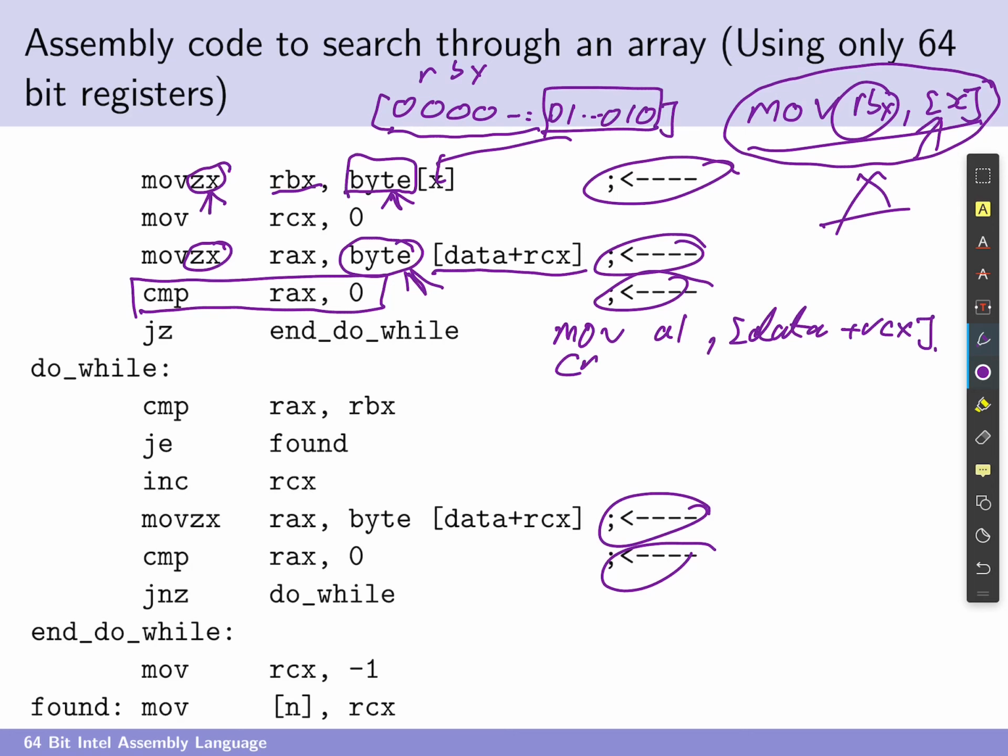However, when I do a comparison, if I went RAX 0, this might randomly fail on me because I actually did nothing here to change the higher order bits. So it could be random garbage, and that random garbage is very likely not 0. So I'll never actually be able to satisfy that compare. So that's why you need to make sure that you do the correct load when you're working like this, where I only want to load 1 byte into a 64-bit register. Okay.